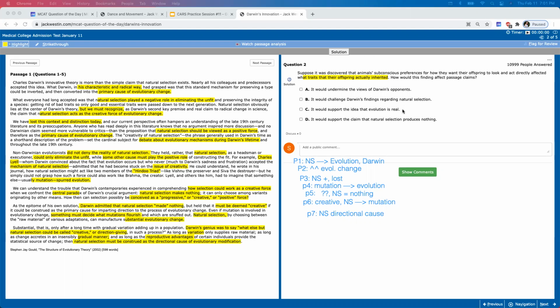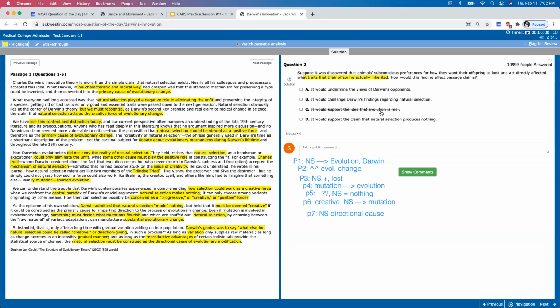So we definitely want to stick to the examples mentioned in the passage, and it's only natural selection and eliminating the unfit. If we were to say that their preferences were being inherited, that's challenging natural selection, what Darwin said, because that's saying something other than natural selection plays into the evolution. That doesn't really support the idea that evolution is real or not.